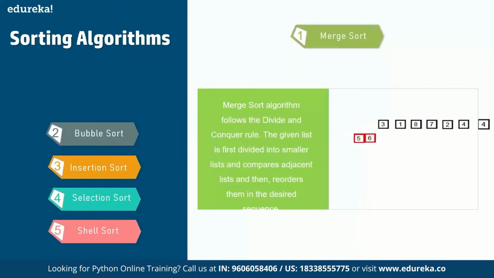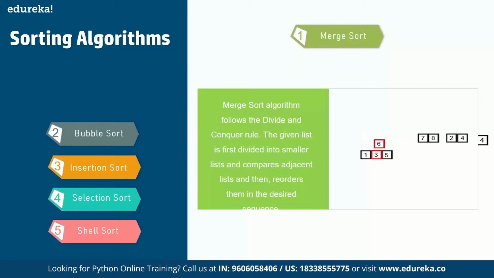By default, a list containing one item is sorted, and the merge sort algorithm then compares the adjacent lists and reorders them in the desired sequence. This process is called merge sort, and it is done recursively until there is only one sorted list available.